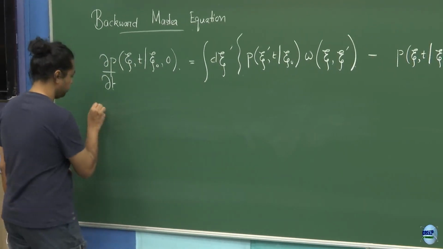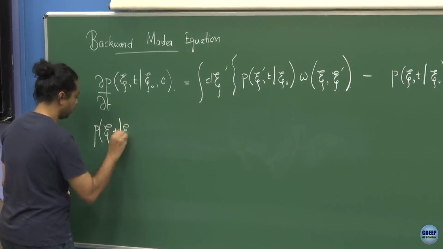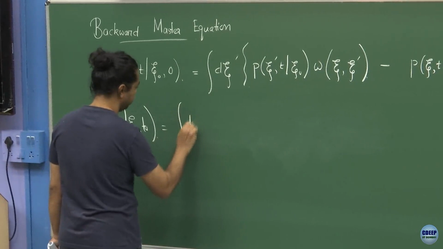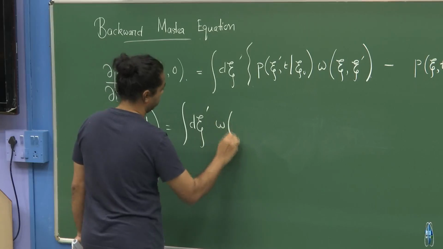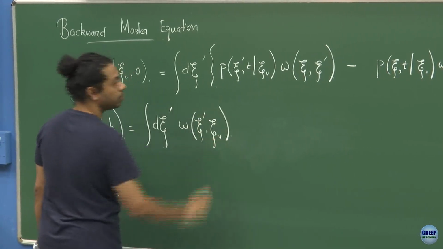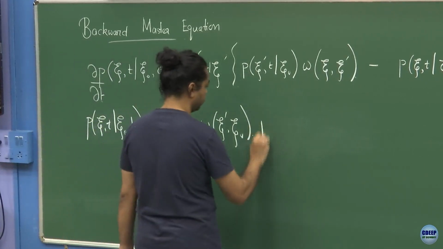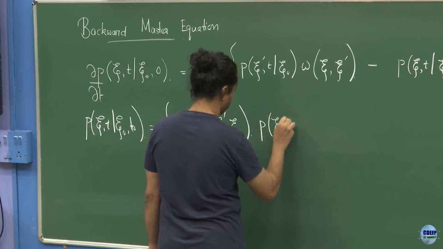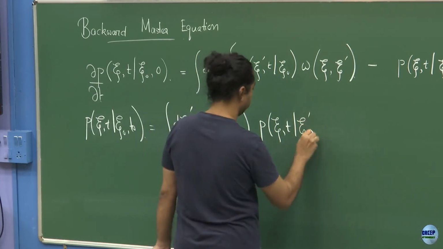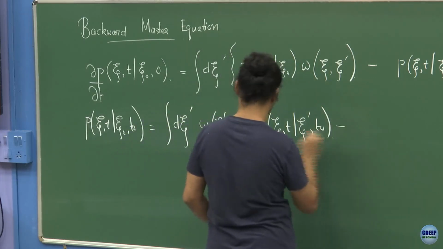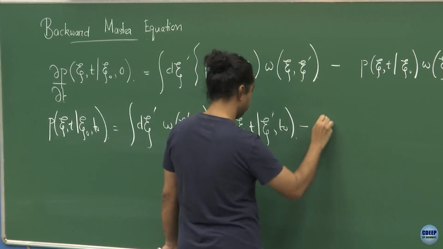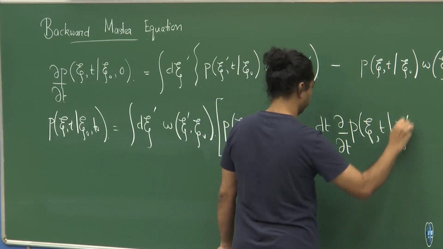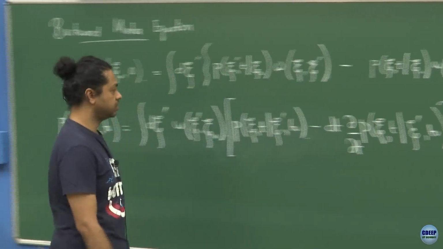So, p of psi, t; psi naught, t naught is the integral d psi prime omega of psi naught to psi prime, then this probability, p of psi, t; psi prime, t naught, minus, from this Taylor expansion, dt del del t of this quantity p of psi, t; psi prime, t naught, the first order term.